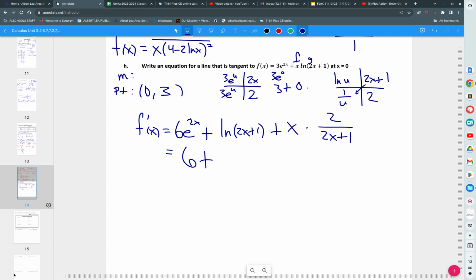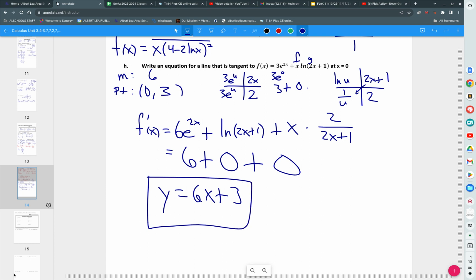Who remembers from Friday what the natural log of 1 is? It is 0. Plus 0. So we get 6. Isn't that great? Cool. So the slope is 6. The y-intercept is 3. Y is equal to 6x plus 3. Piece of cake, upside down.